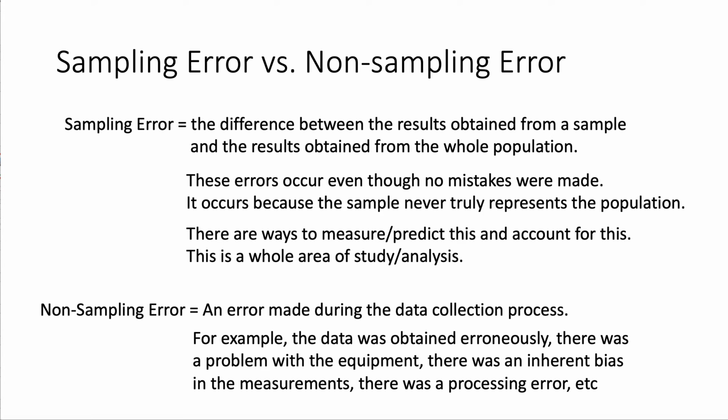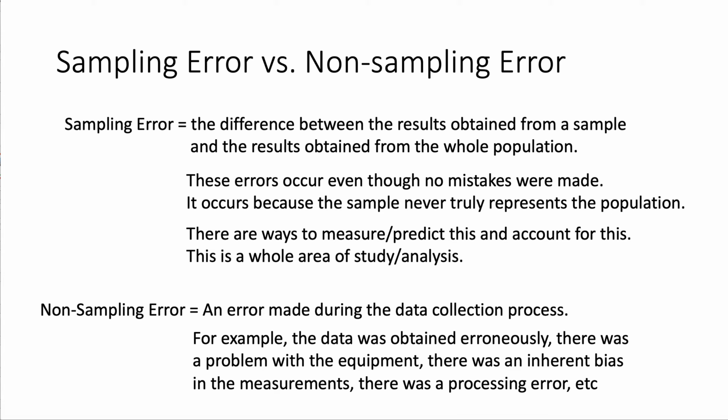This might be because you made an error in collecting the results. Maybe your survey was bad, maybe you asked an unclear question or a biased question. Maybe there was a problem with your equipment, maybe you had scales that weren't tared properly, or you rounded incorrectly, or one person measured in inches, the other measured in centimeters, and then converted.